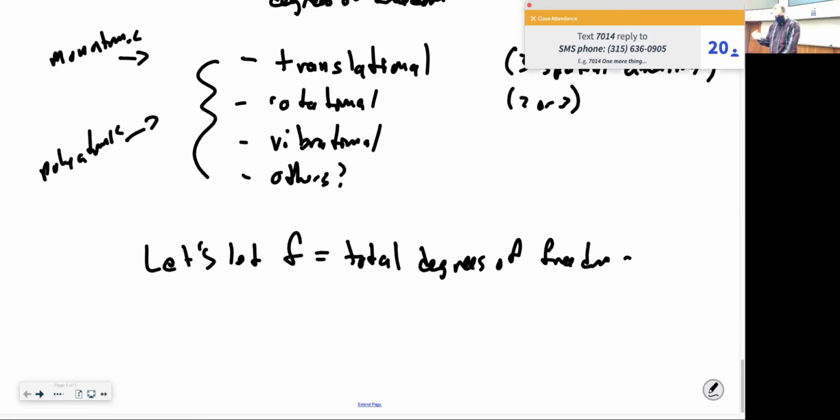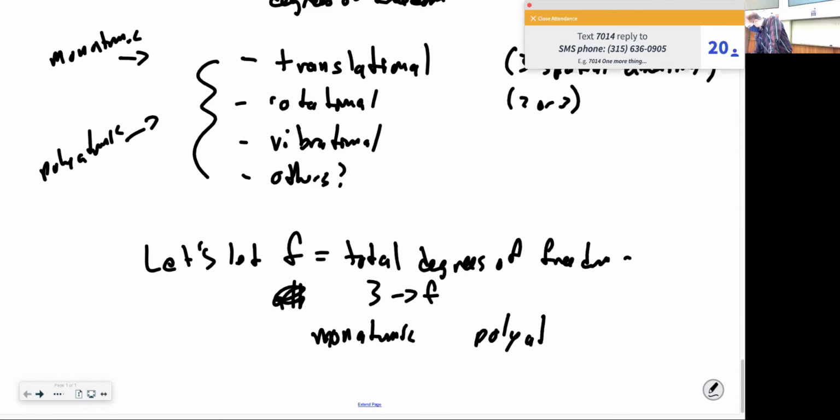All the 3's in our previous equations for the specific heats become f's. The 3s go to fs. So for monatomic and polyatomic, your equations look like this.